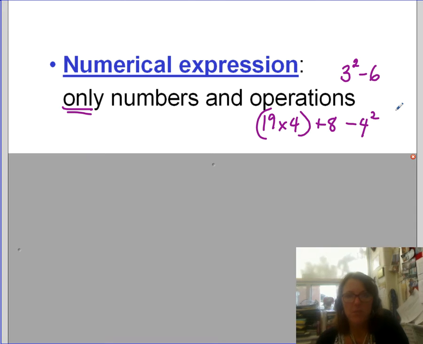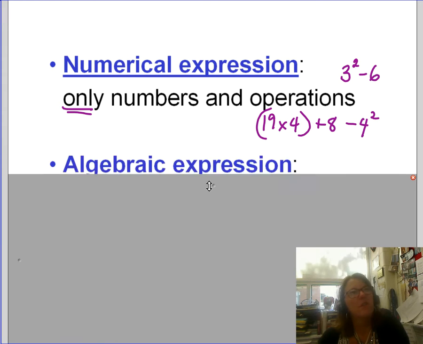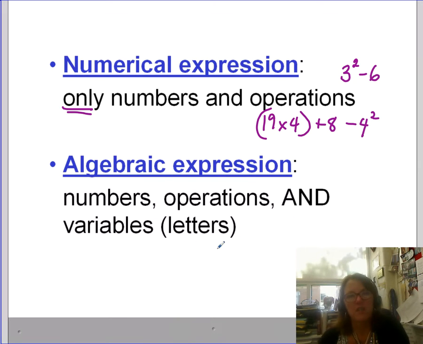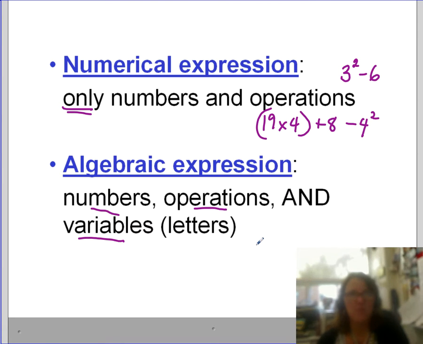That's a numerical expression. What's a little different is something called the algebraic expression. And an algebraic expression, yes, it has numbers, yes, it has operations, but what makes it different is that this one has variables. Okay, so numbers, operations, and variables.